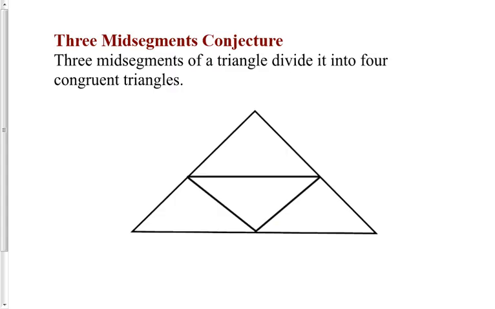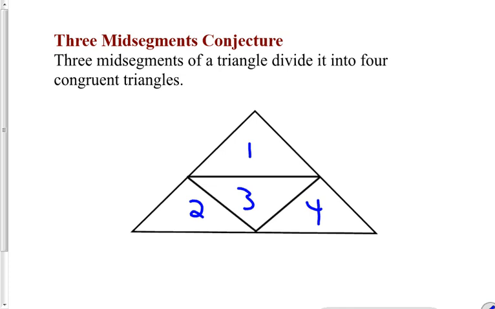The three midsegments conjecture states that the three midsegments of a triangle divide it into four congruent triangles. You can see this play out in the diagram. We have one big triangle, we have the three midsegments there, and consequently, 1, 2, 3, 4, all of those triangles are congruent to one another.